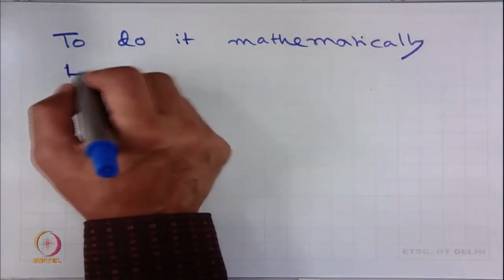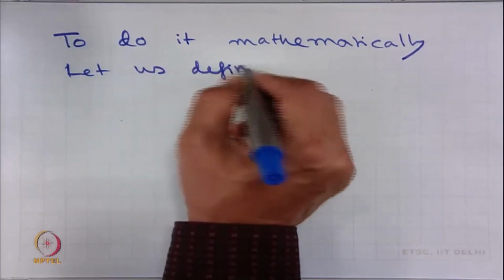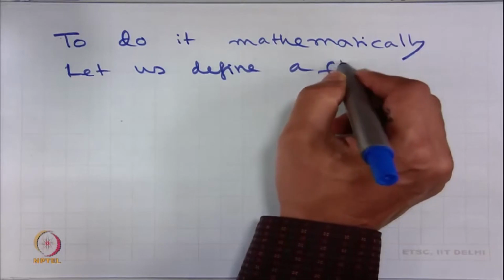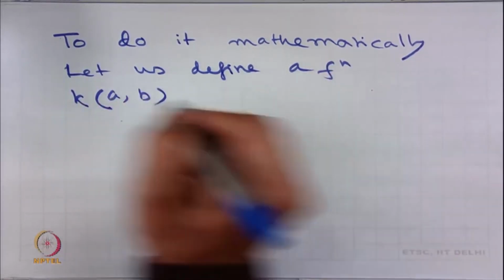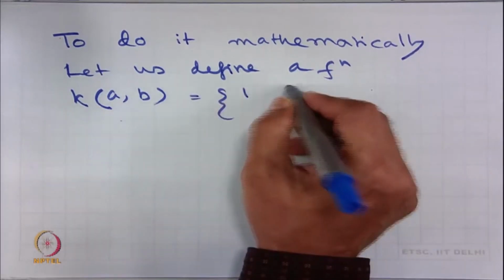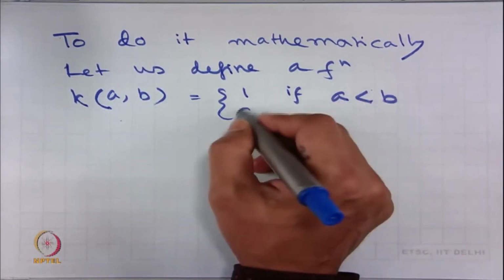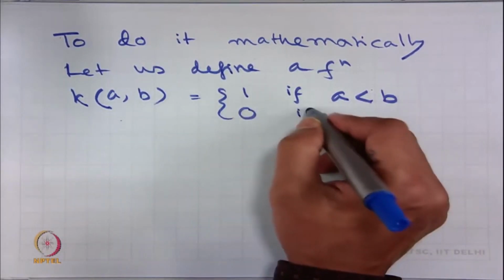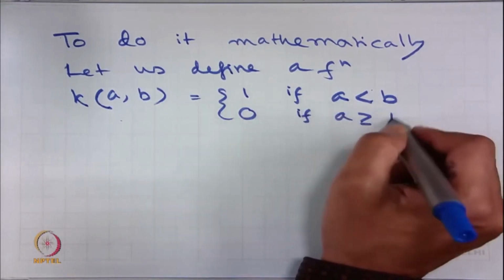Let us define a function kappa of a, b, which is 1 if a is less than b and 0 if a is greater than or equal to b.